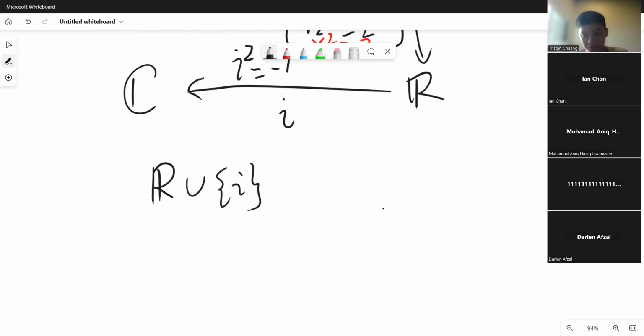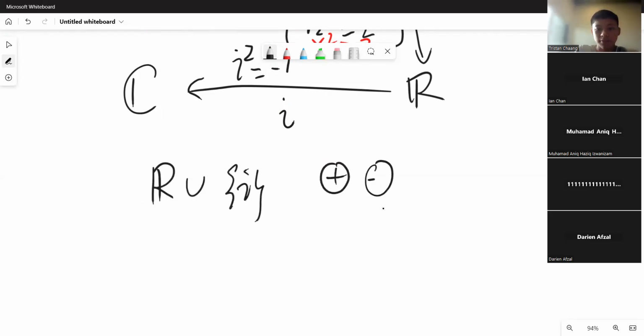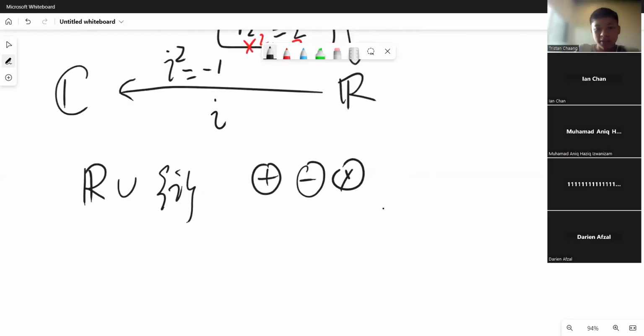Well, very not useful. But if we allow ourselves to add things, to subtract things, to multiply things, to divide things, right? That means if i is inside, then i plus i is inside, i plus 1 is inside, 2 times i is inside, i times i is inside, and so on and so forth.